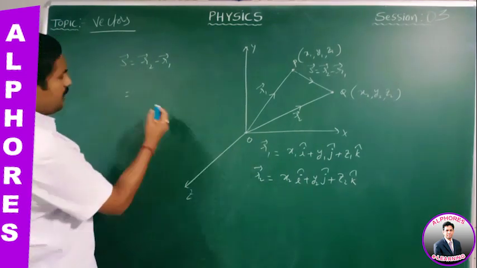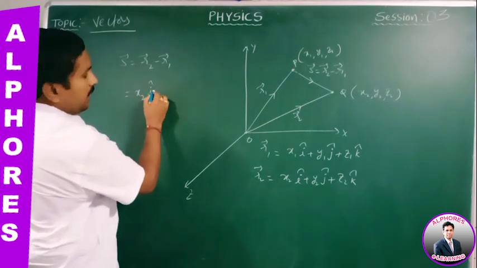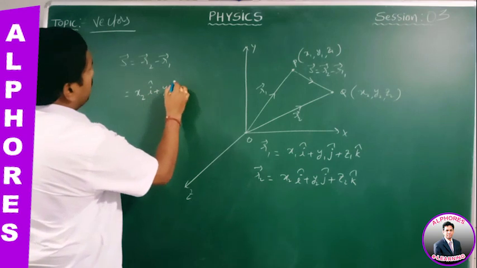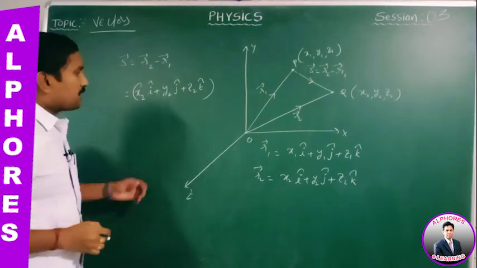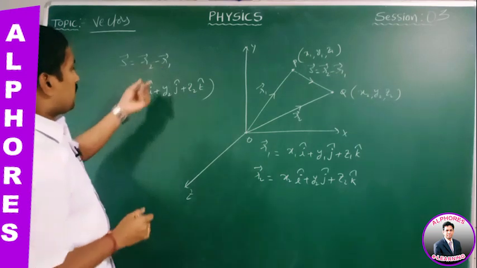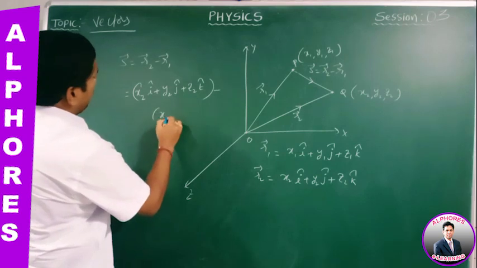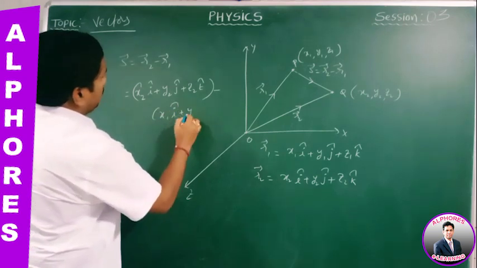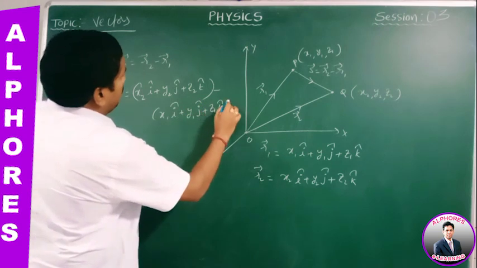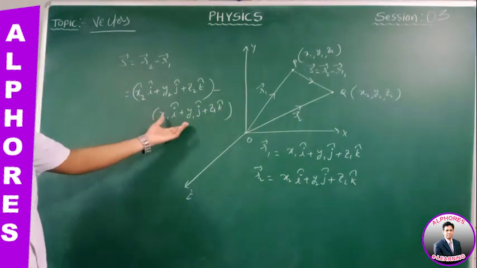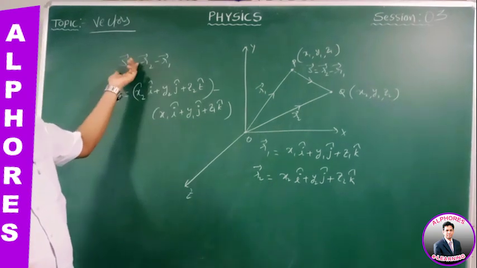Now I am substituting these values: x2 i cap plus y2 j cap plus z2 k cap, minus the first one, x1 i cap plus y1 j cap plus z1 k cap. By subtracting the first position vector from the second, you get the displacement of the particle according to the concept.